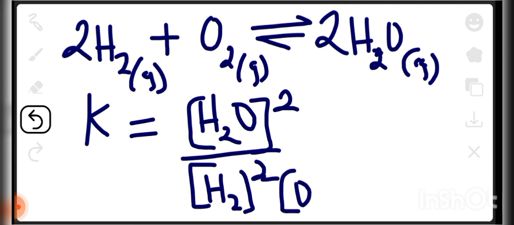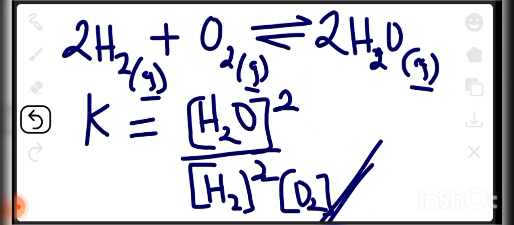Then O2, there is no power. Then you now check, is there any solid or liquid? No, everything is in gaseous state. So this will be the answer to this. So for homogeneous equilibrium in liquid state or gaseous state, nothing will leave. So I hope you know how to write the equilibrium constant now.